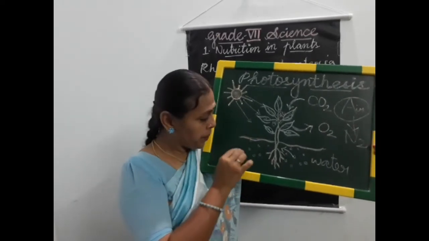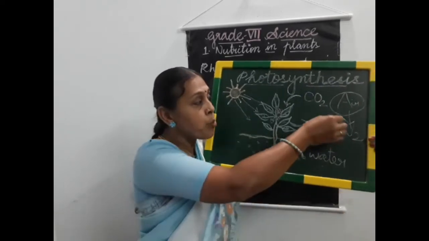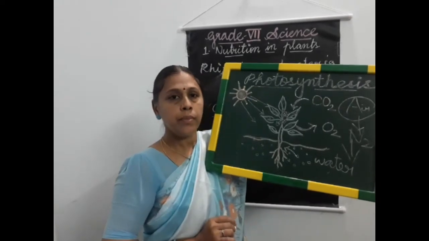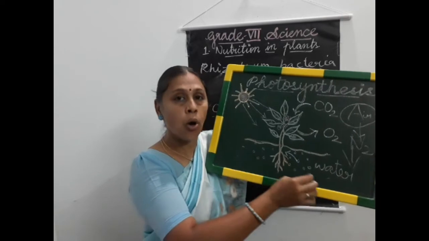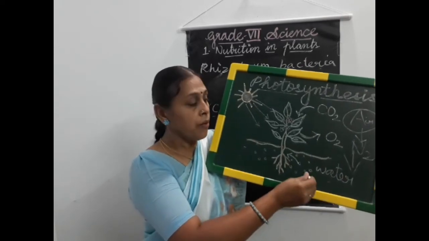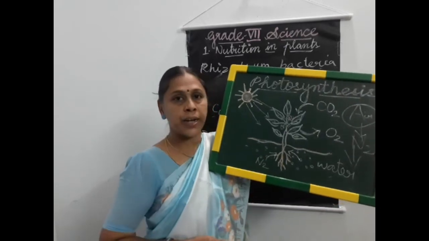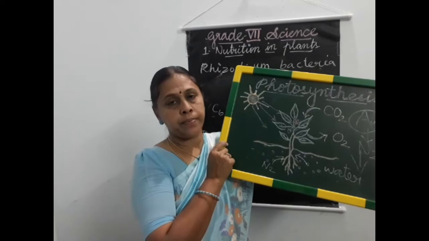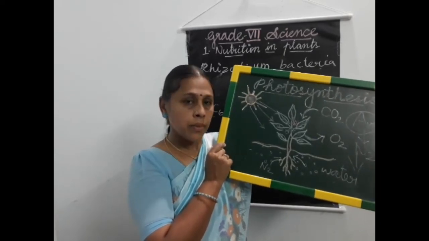Some bacteria present in the soil fix the atmospheric nitrogen in the soil. From the soil, the plants get nitrogen for the preparation of proteins. You understand or not? Okay.